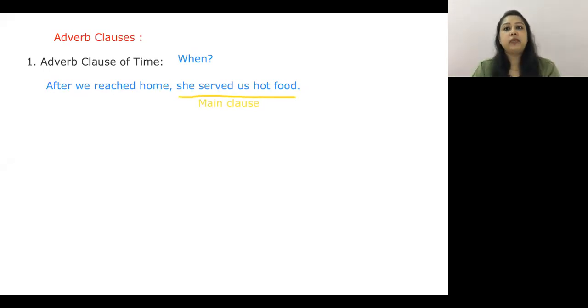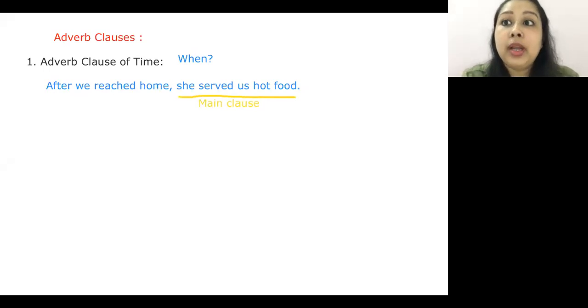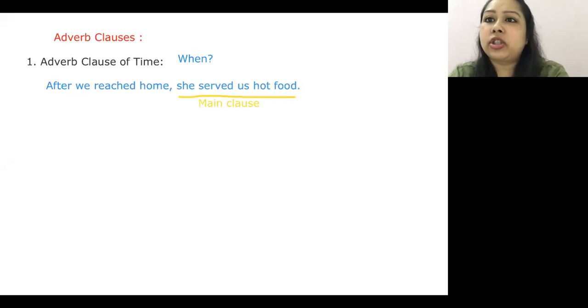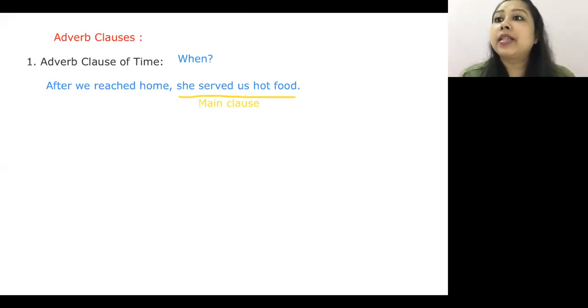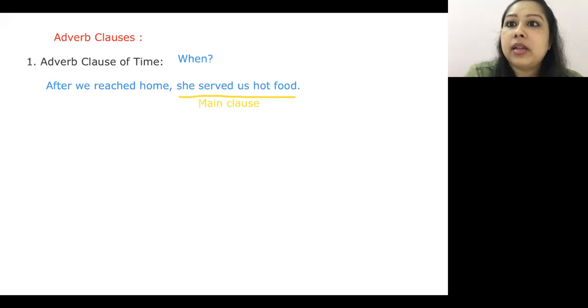Let's proceed further. After we reached home. Now I asked a question: when did she serve us hot food? And the answer that I get is after we reached home. So it is particularly telling me time. When. So this becomes my subordinate adverb clause of time.